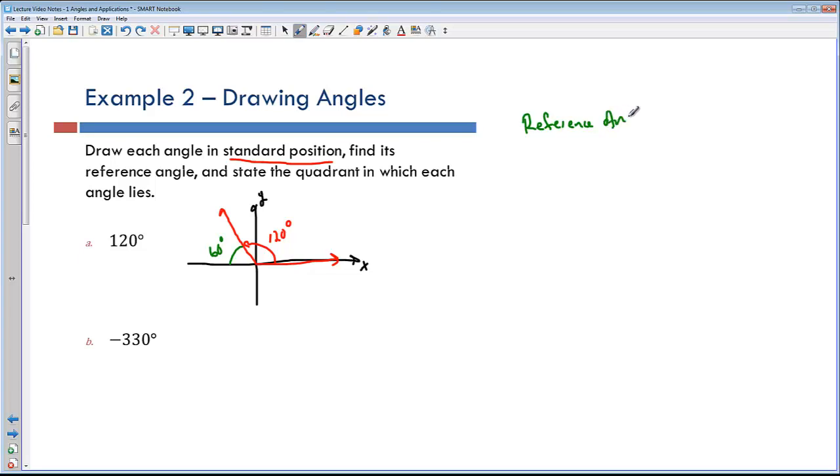Right, so here we can write this down. So reference angle, right? This is the smallest angle it makes with the x-axis.